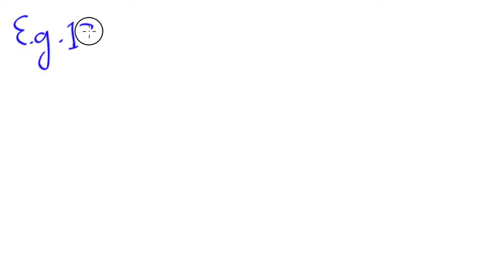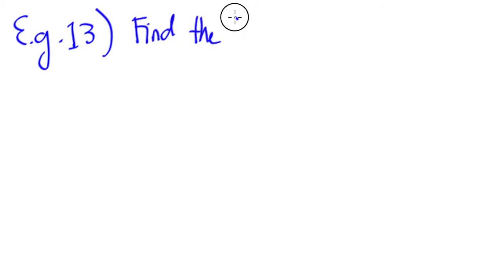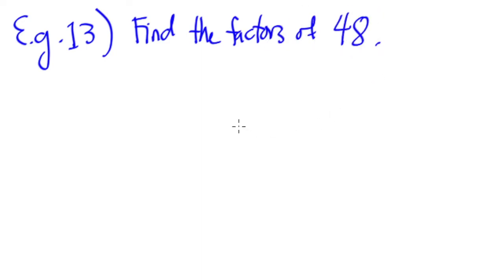Find the factors of 48. What we're going to do is, we can just put first the trivial factors: 1 times 48, and 2 times 24.